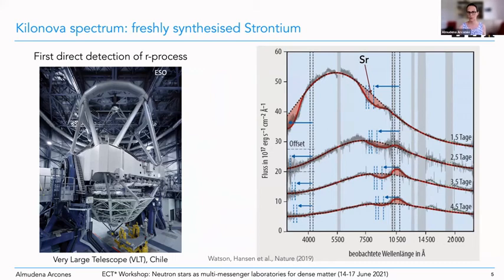This is the wavelength, and this is the spectrum of the kilonova, and this feature here is due to strontium. So by observing abundances of elements in a spectrum, we can get information about the conditions and what is going on in the environments that produce those elements.